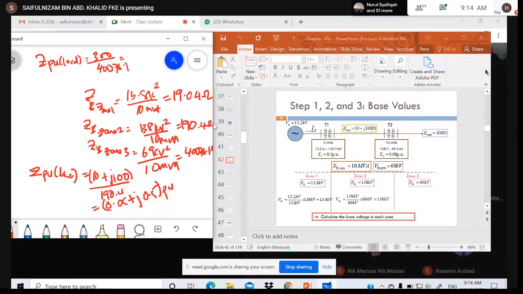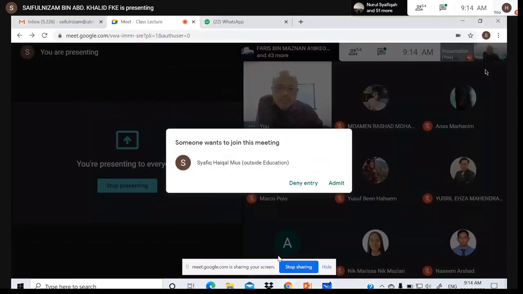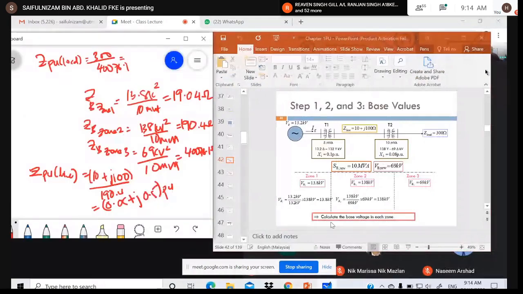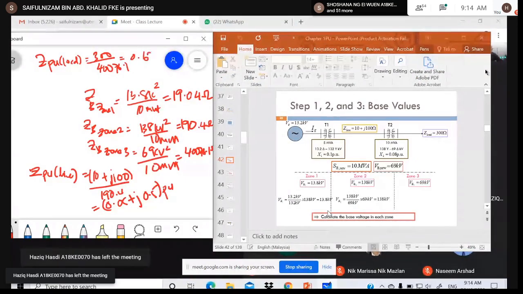So what do you get? The Z per unit for the load is 0.63 per unit.